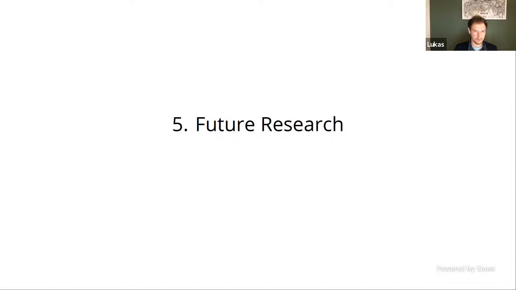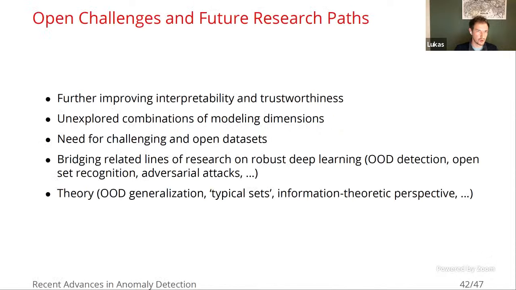Okay, and so to conclude, some open challenges and potential future research paths is further improving interpretability and trustworthiness of such anomaly detectors. One can think of anomalies also that are anomalous not due to the presence of anomalous features, but due to the absence of normal features.